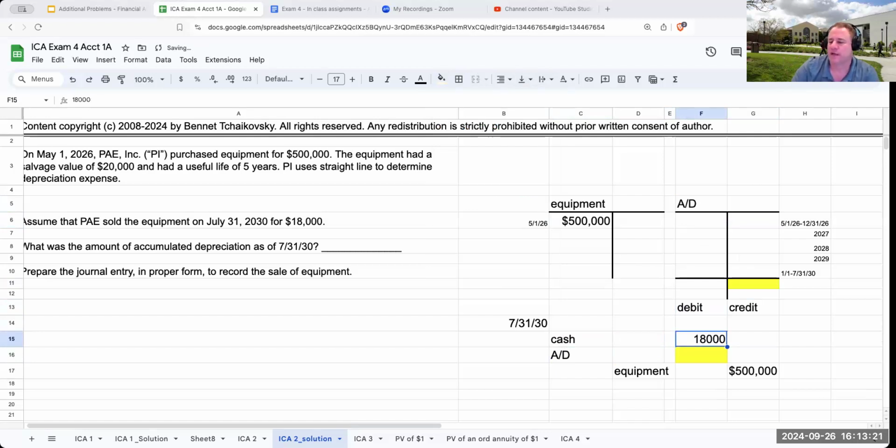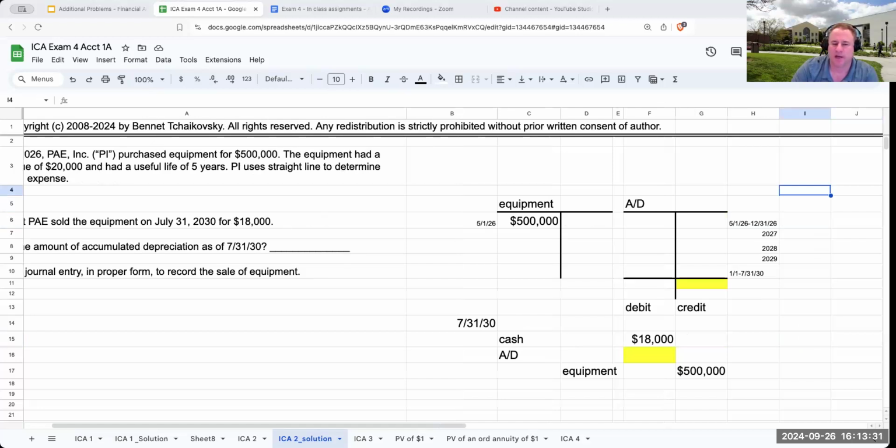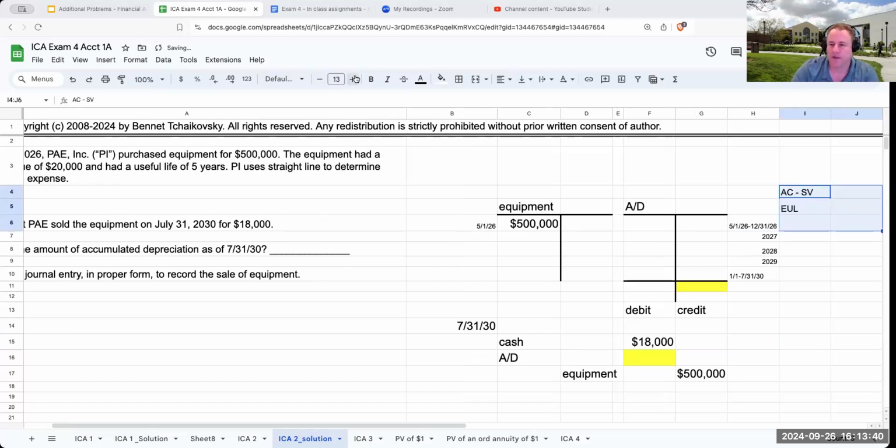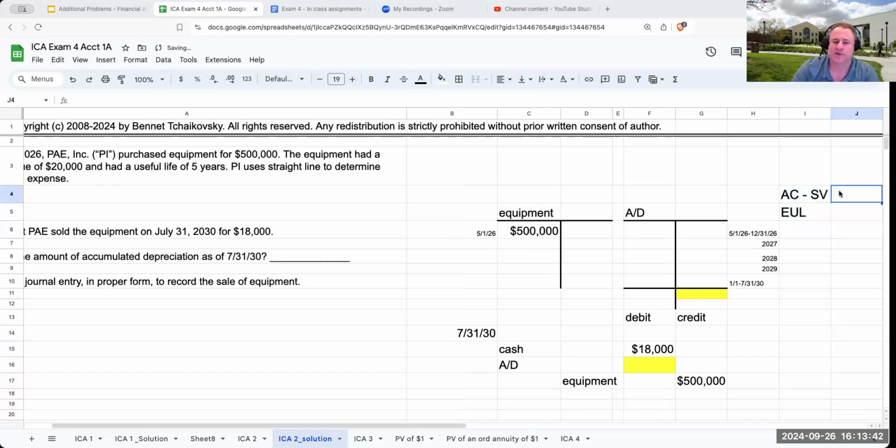Okay, so let's now figure out how much depreciation expense we need to record. It says it uses straight line. My formula for straight line is my acquisition cost minus my salvage value, divided by the estimated useful life. The acquisition cost is 500,000 minus the salvage value of 20,000.